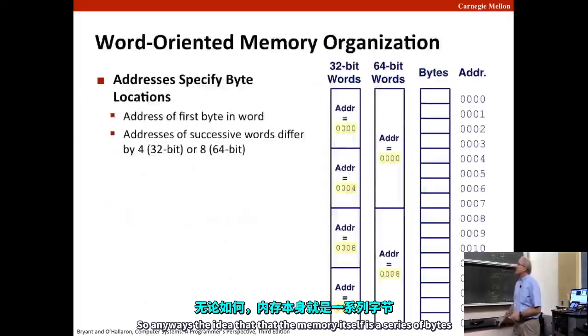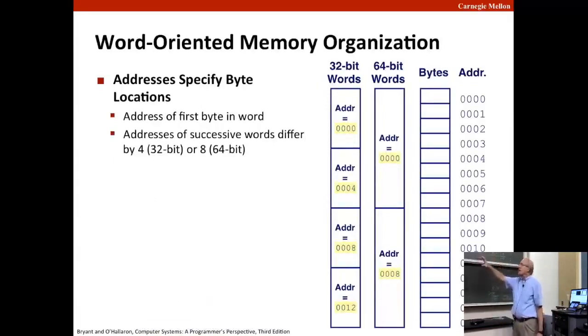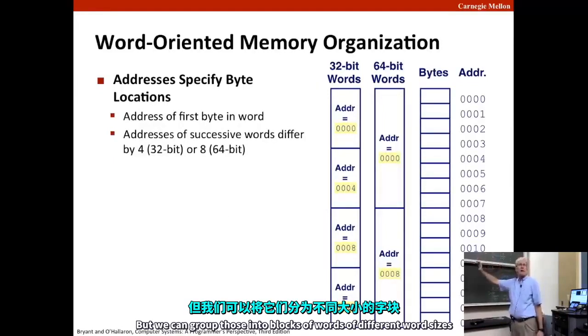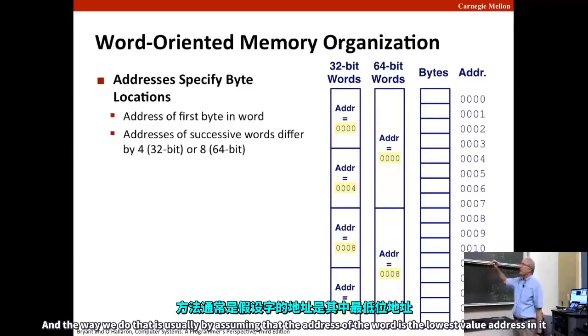So anyways, the idea is that the memory itself is a series of bytes, but we can group those into blocks of words of different word sizes. And the way we do that is usually by assuming that the address of the word is the lowest valued address in it.